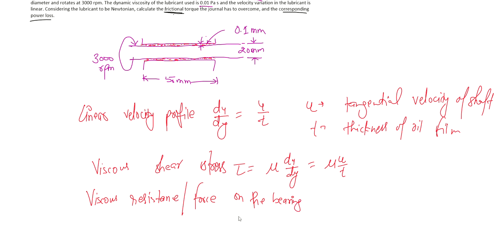It is equal to shear stress into the area of the soffit. Shear stress is mu U by t, into area, which is cylindrical, so 2 pi r l, where l is the length.